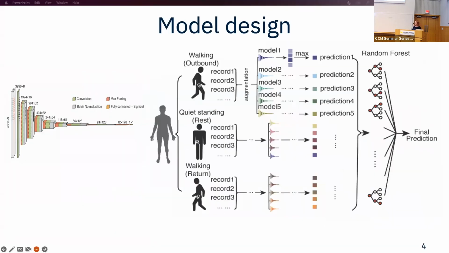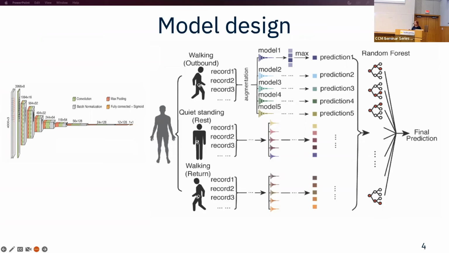Based on the walking signal, we use a convolutional neural network to make the predictions, because the walking signal here shares some characteristics with images, which is that they are also continuous data.